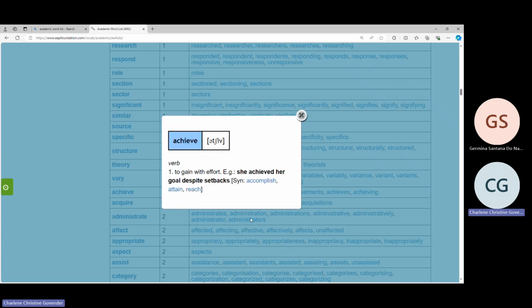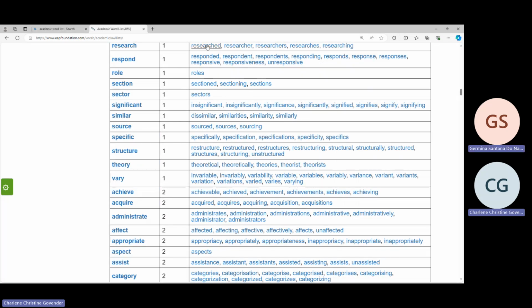Have you heard that word achieve before? No. Okay, so it means to gain with effort. So she achieved her goals despite setbacks. So that could possibly work for that. Okay.